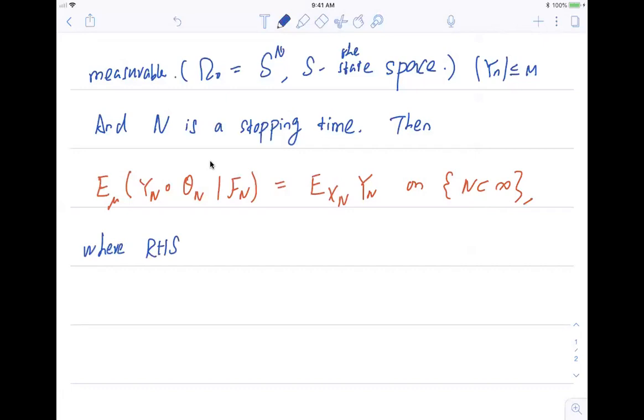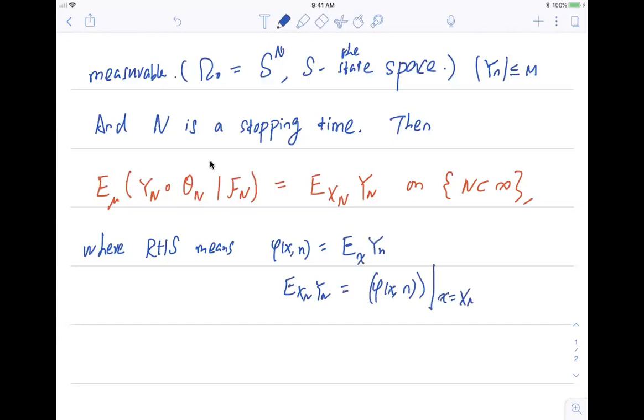First we take a function phi(x) equals E_x of Y_n, the expectation starting from initial Dirac mass at x. Then we evaluate x as the random variable X_N, where N is the stopping time.